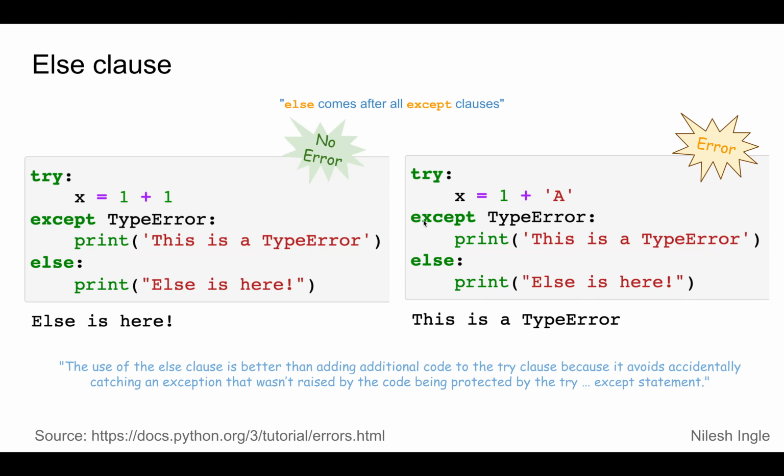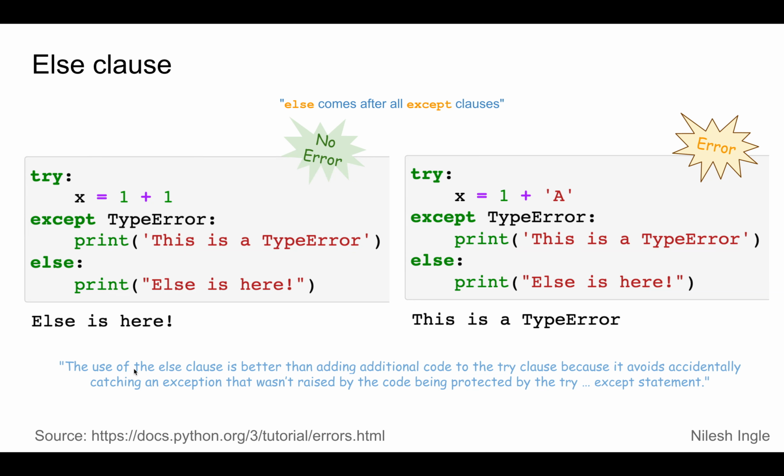That type error matches the exception that we have mentioned in the except clause right after the try block. And so the code inside of this except block would get executed, and so we see this is a type error. And in this case, the else statement that is there is ignored.